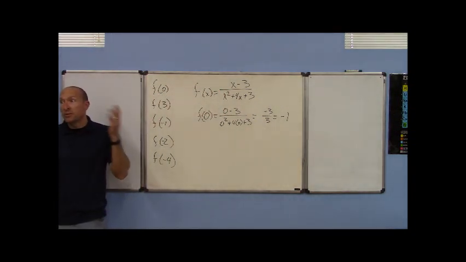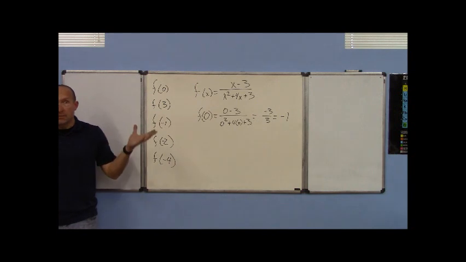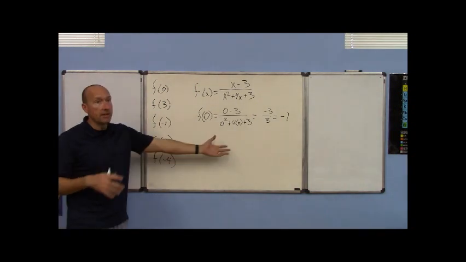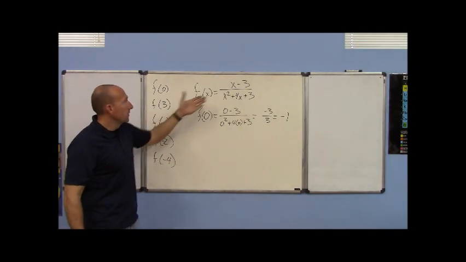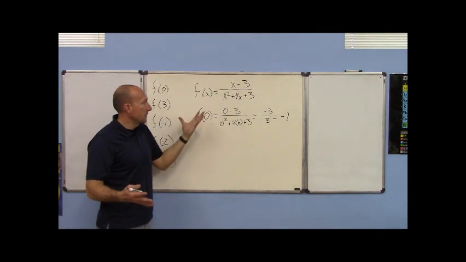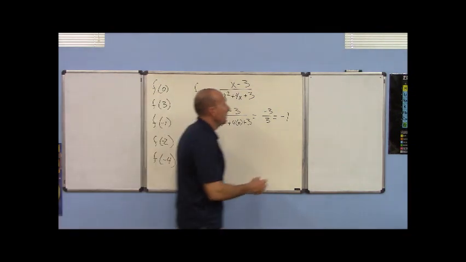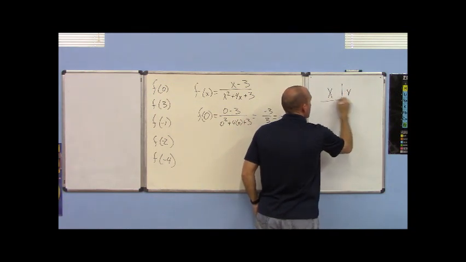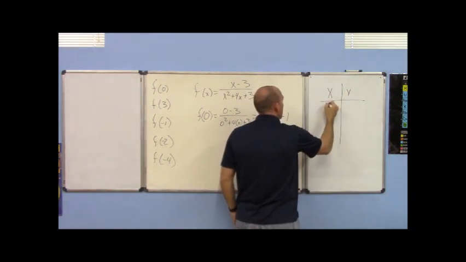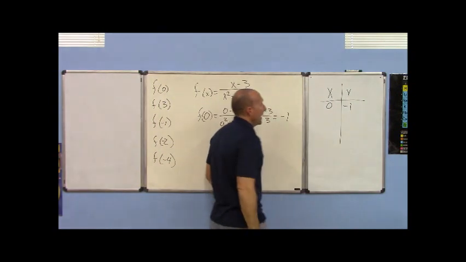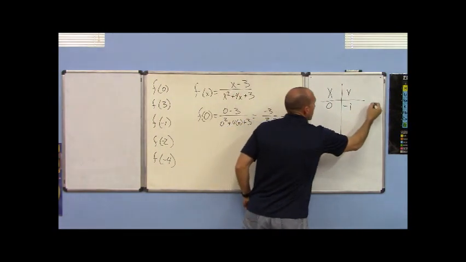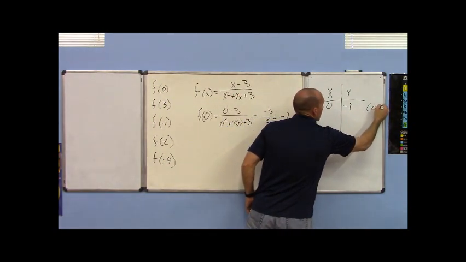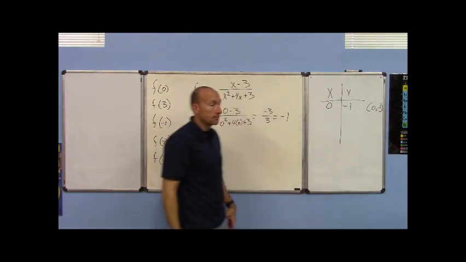We didn't even have to do any factoring, because we're simply plugging in values for x and solving. So here we can have our little chart which helps us organize everything. When x is 0, y is -1, and that is our coordinate point: 0 and -1. We plot that.